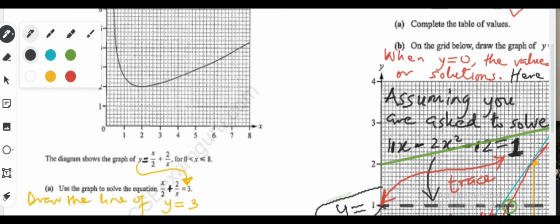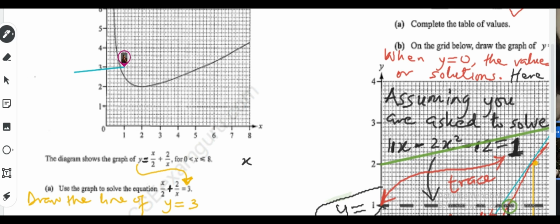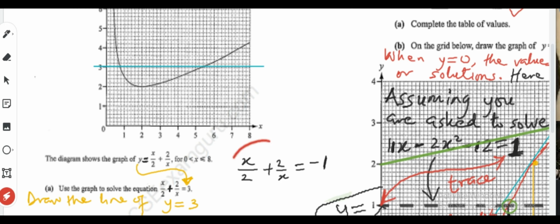Now, before you do that, assuming you were given x over 2 plus 2 over x equals minus 1, what would you have done in this case?